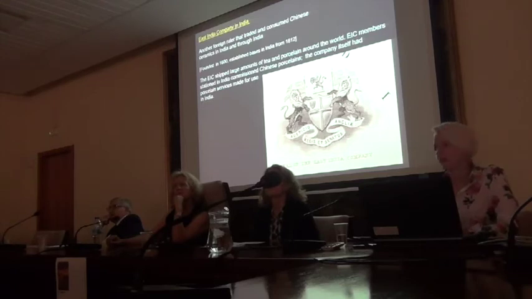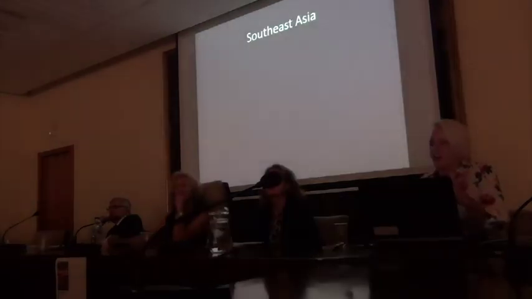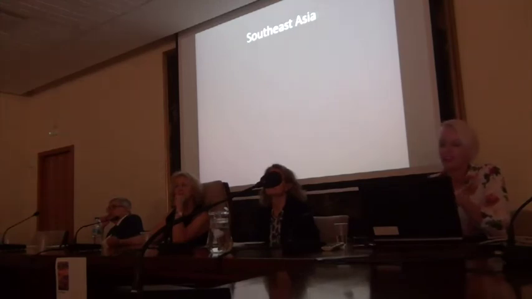And so they shipped, as you probably know, huge quantities of tea and porcelain in relation to the tea all over the world. Plus, members of the East India Company were living in India, so they were consumers themselves in India of Chinese goods. Now, of course, the East India companies were quite important in trade and politics and economics of parts of Southeast Asia. So that's the next region that I want to look at.